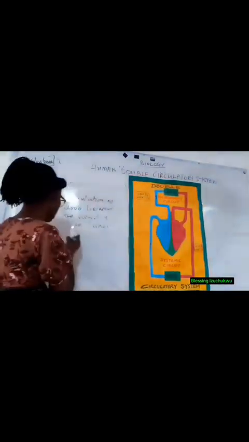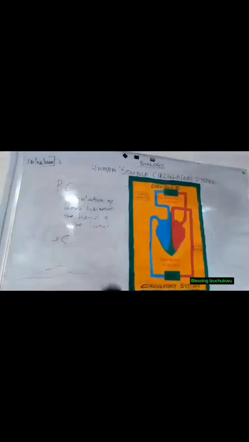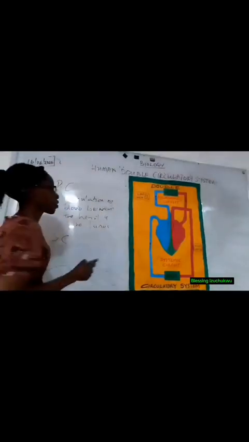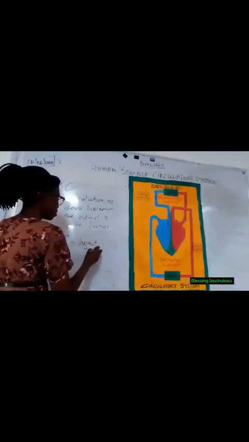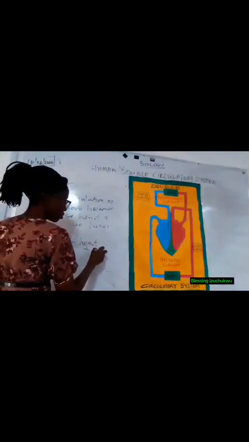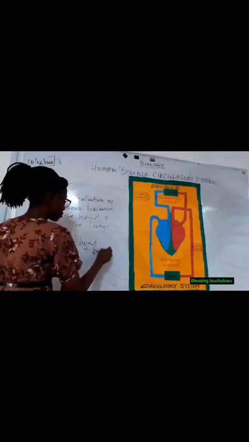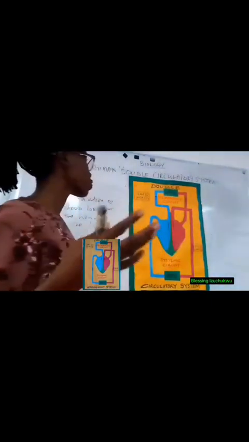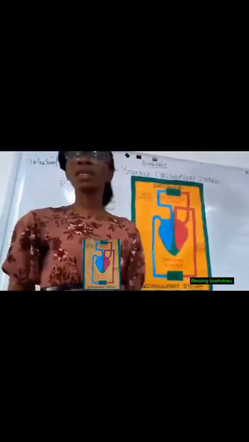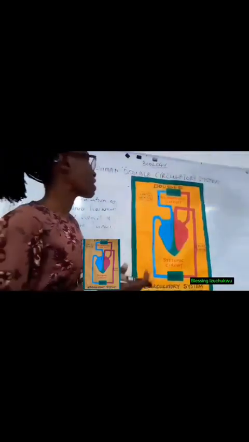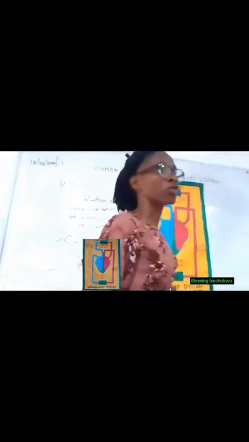While systemic circulation refers to the circulation of blood between the heart and body parts. So now that we have defined what pulmonary circulation and systemic circulation are all about, let's move forward to explain the concept of the double circulatory system.